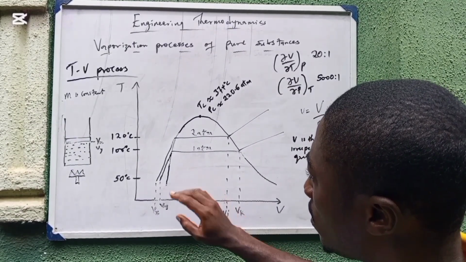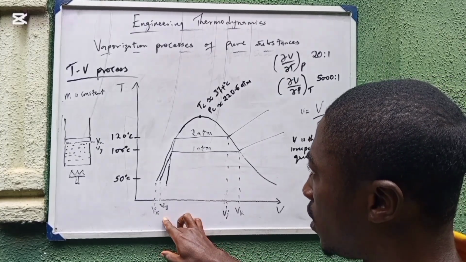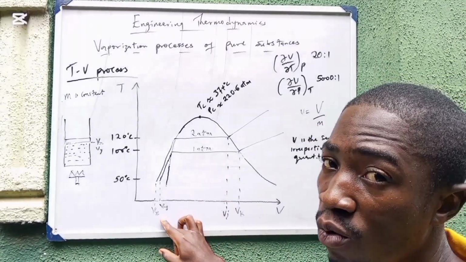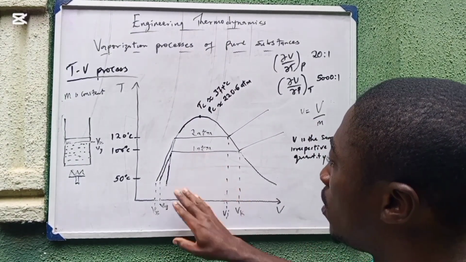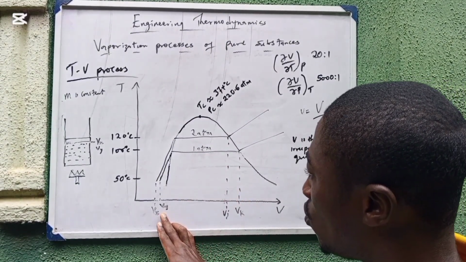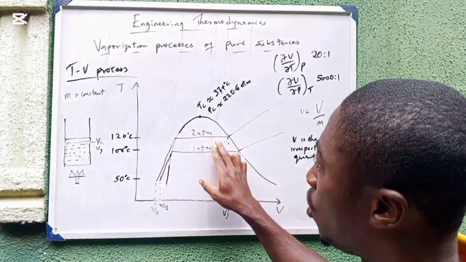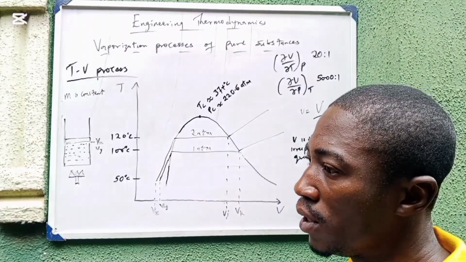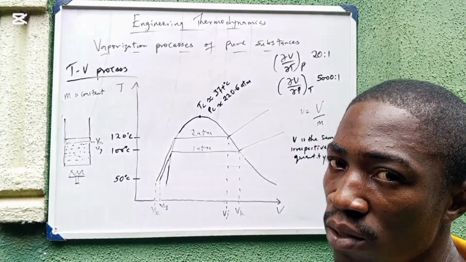Now, you notice that our initial volume is either Vx or Vy, depending on the pressure we are working with. If you are working with a pressure of 1 atm, then the initial volume will be greater compared to when you are working with a pressure of 2 atm. The reason being that when temperature is fixed, then what determines the volume is pressure.